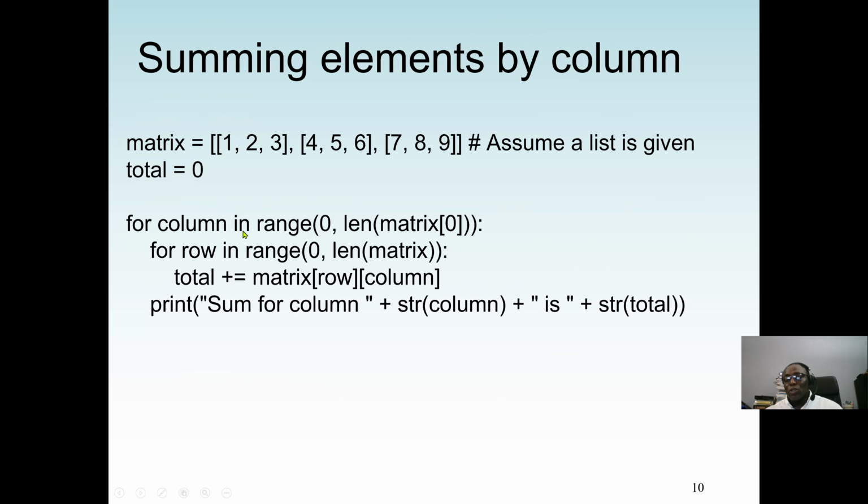So when I get to the first column, I enter the inner for loop, then I'm going to add everything in that first column. First column, first row, first column, second row, first column, third row, until we have everything for that column. Then we move to the outer loop, we increment and move from the first column to the second column, add everything, third column, and we keep going.